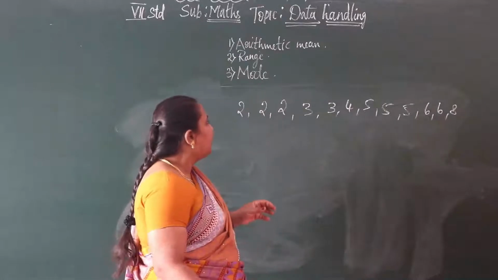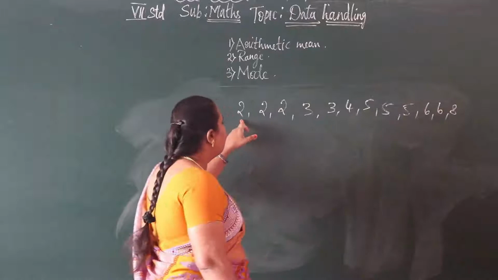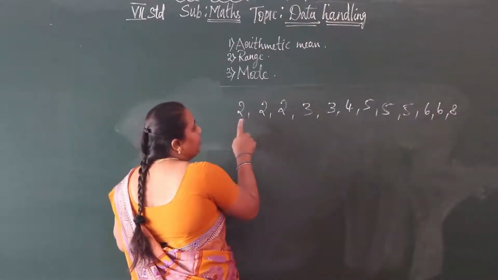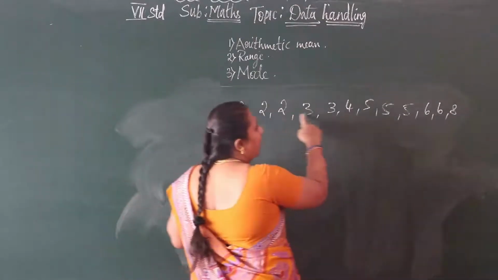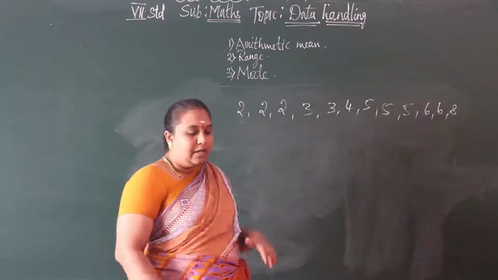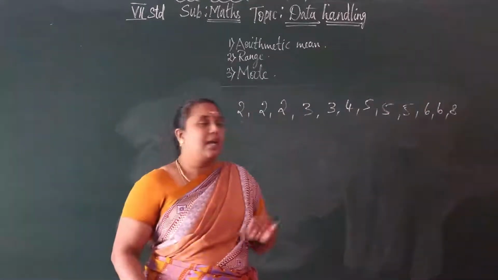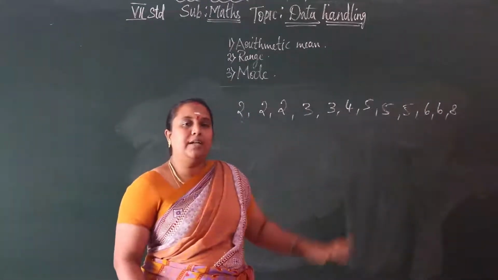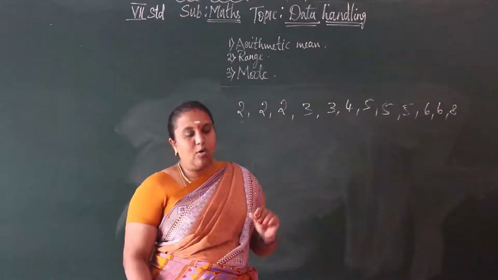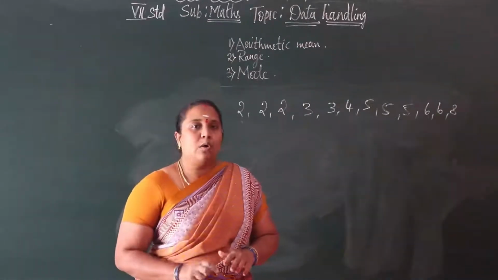In this, which is the number we have repeatedly? We have 2. So 2 we have 3 times. And see, 5 also we have 3 times. So therefore here 2 and 5 occur 3 times in the given data. So the mode of the given data is 2 and 5.